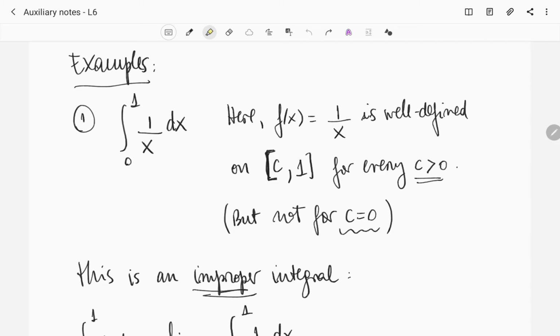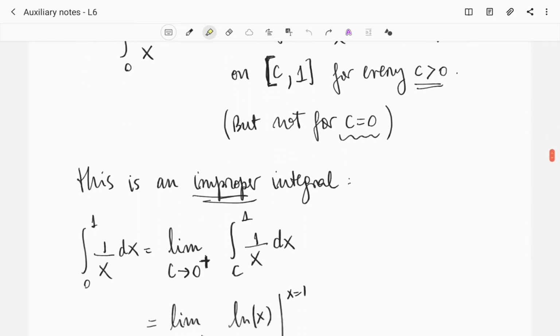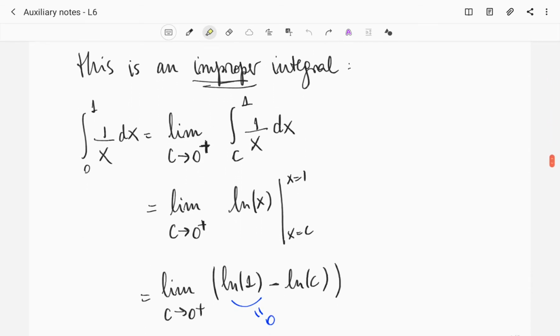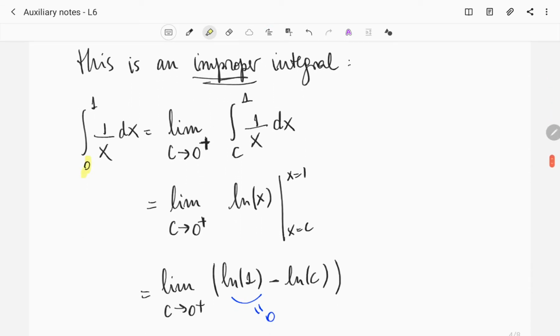So we can compute this integral on every interval of this form where c is strictly positive. But we cannot compute f of 0 in this case. So this integral is an improper integral because we have a problem here.